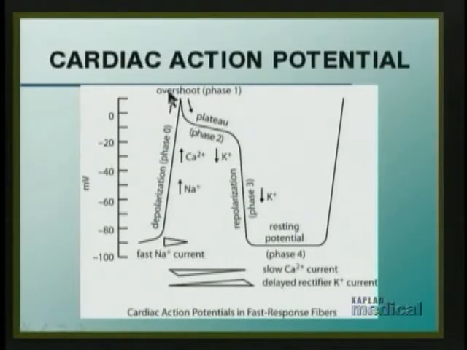There's even a little overshoot called phase 1, where physiologists tell us that an entry of chloride and an exit of potassium might play a little role. Phase 1 is not too relevant to us in pharmacology, since no drugs will interfere with phase 1.